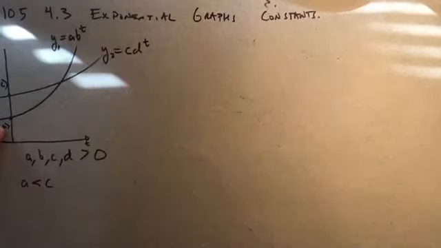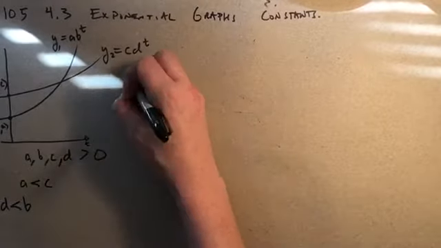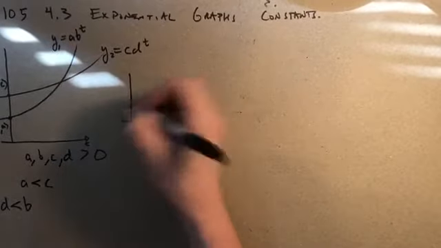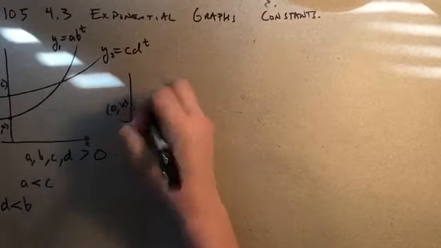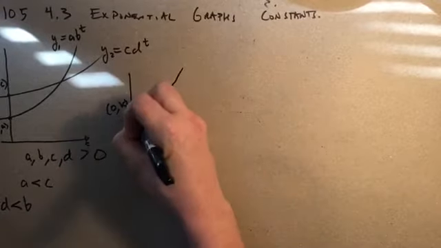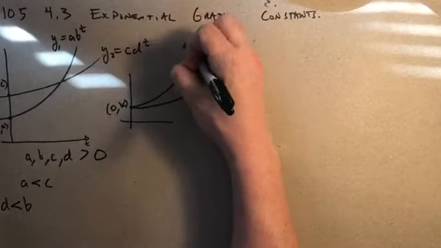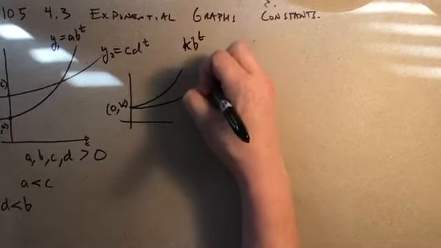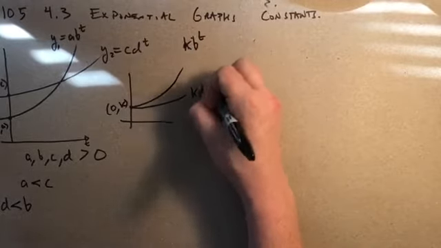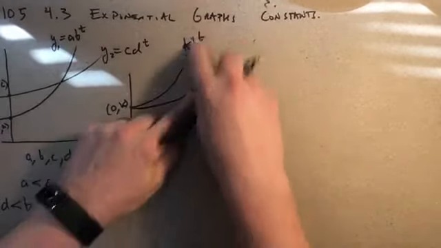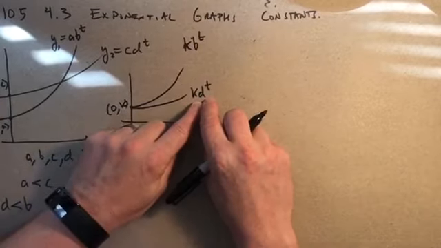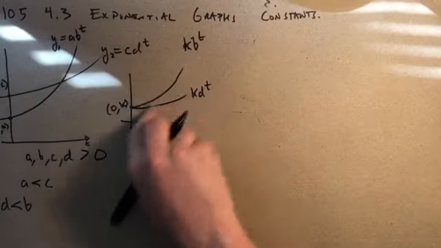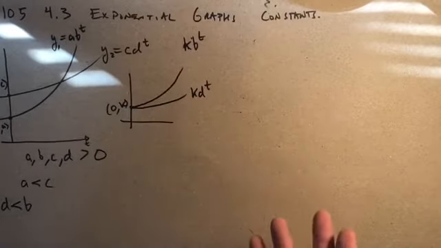And maybe what I could do as well, using these exact same constants, if I picked some new value, 0 k, and I made the two functions k b to the t versus k d to the t, we would know that both of these would have exponential growth, but then d is less than b. They're emanating from the same point, and they're both going upwards, but b is going faster.